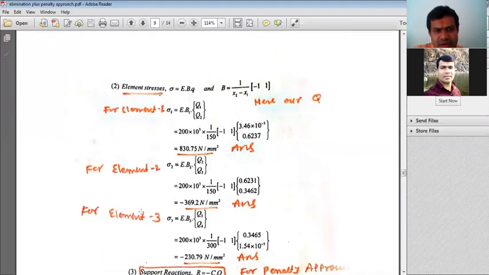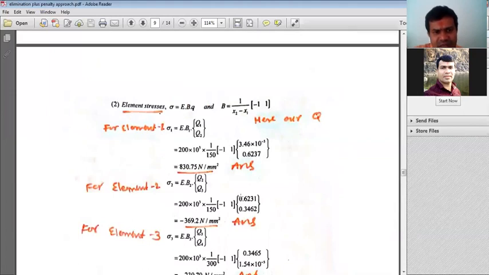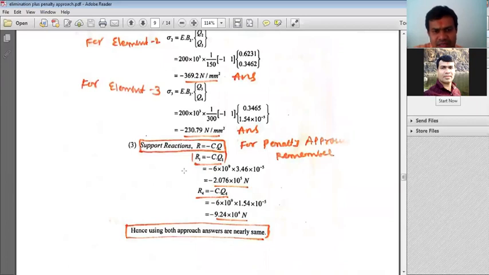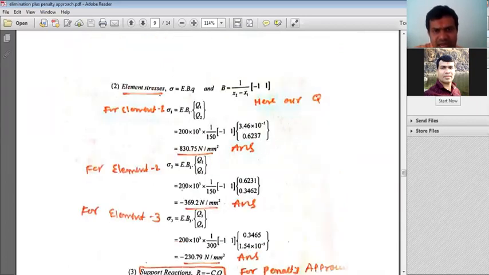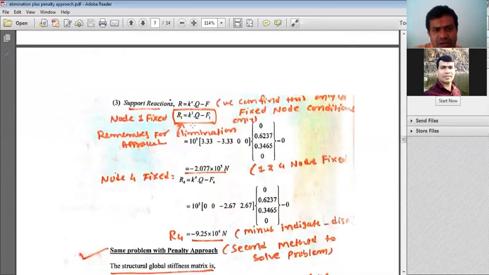In a similar way you can find the element stresses. Here the changes are in your displacement values, minor changes. So stresses have minor changes in the elements. Support reaction: here there is a different rule for support reaction. Right?